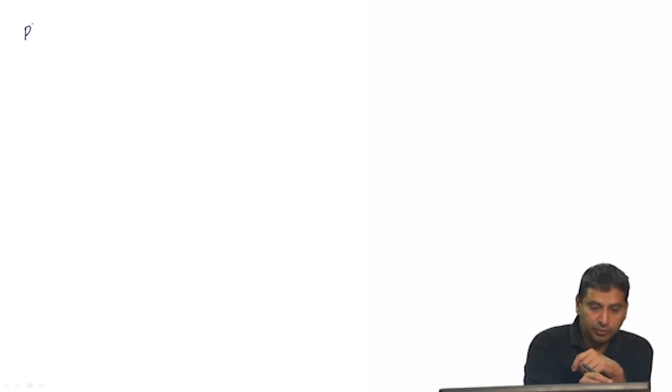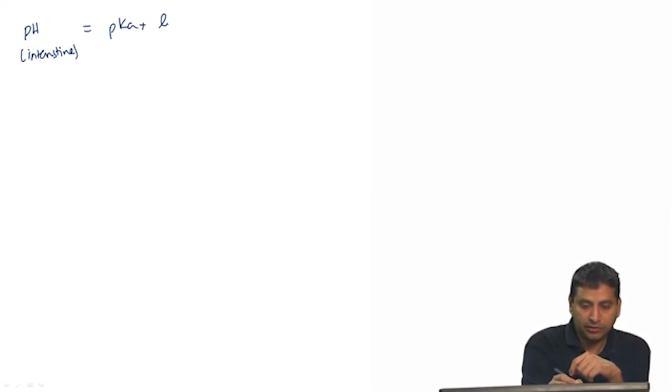Now, let us look at the second part of the question, which is to find out the same ratio in the intestine. We have already been given the pH of the intestine. pH of intestine equals pKa plus log of ionized divided by unionized.